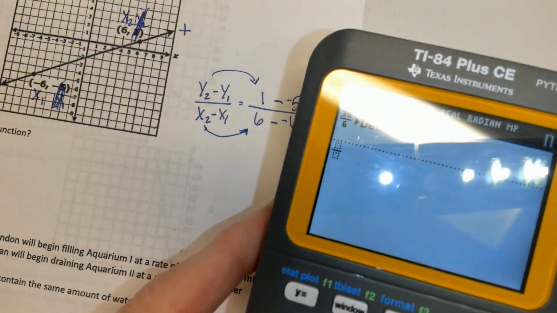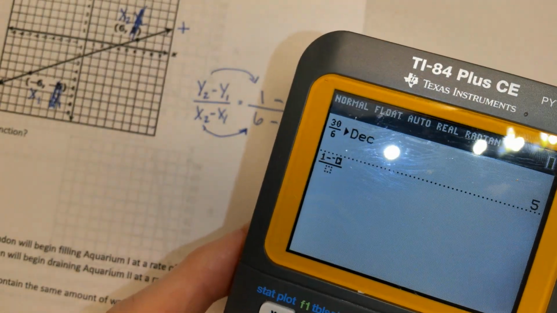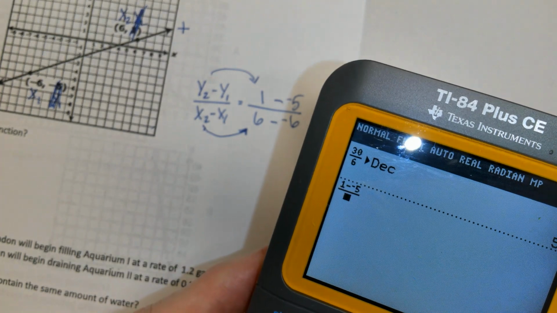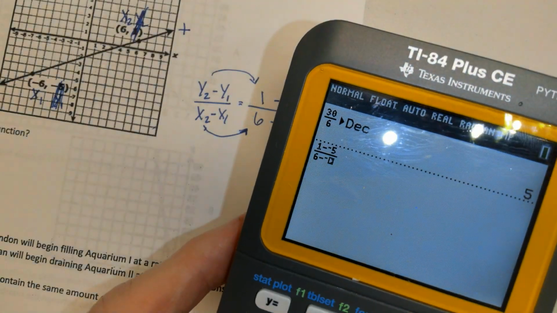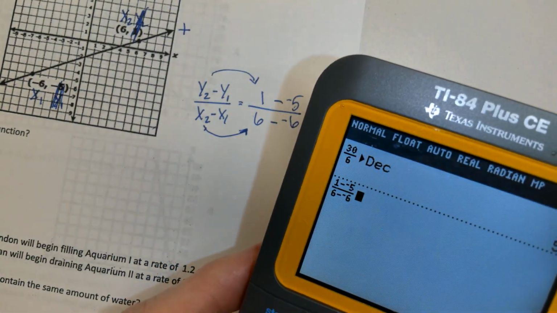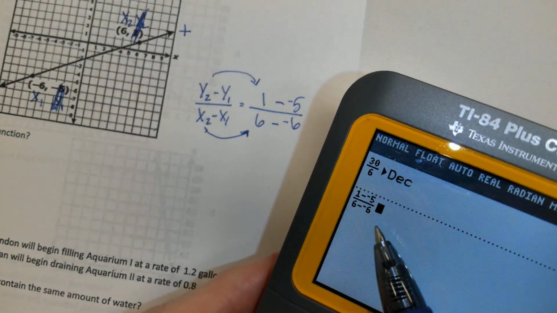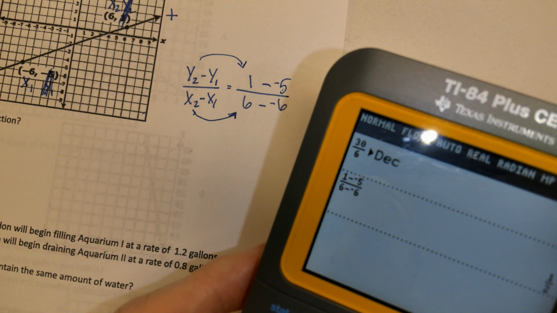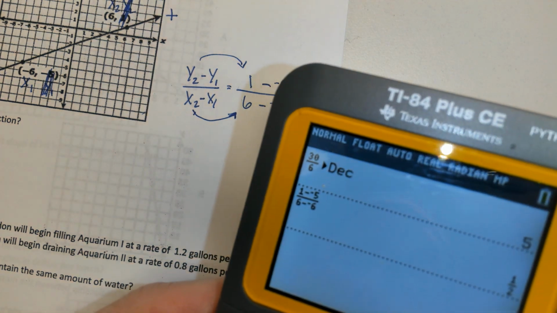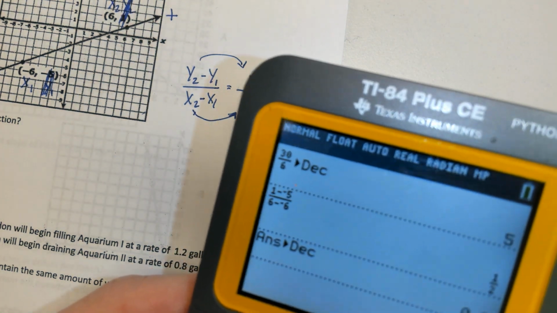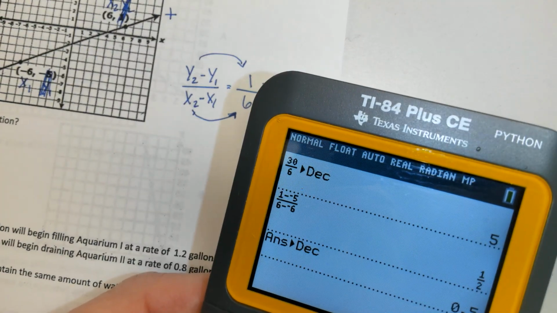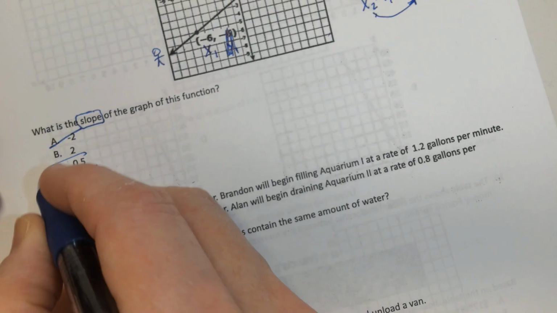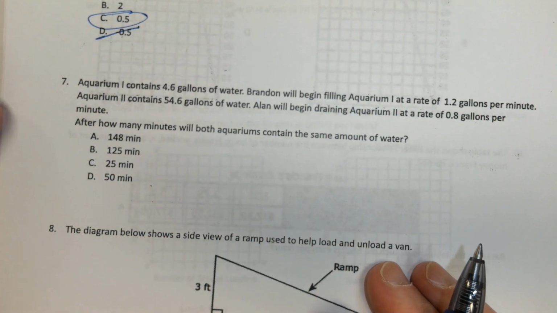If you put it in properly, 1 minus a -5 over 6 minus a -6, make sure that it looks like what you've written down. Enter. There you have it. If I need that for a decimal, Math 2, and there's your positive 0.5, 1/2. The answer is C. Let's look at number 7.